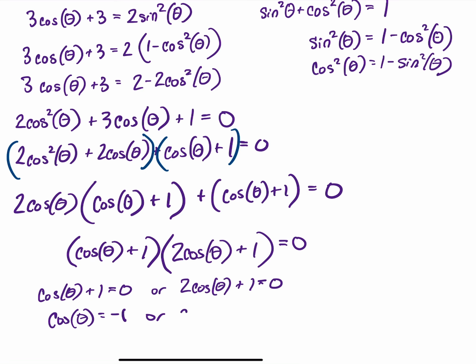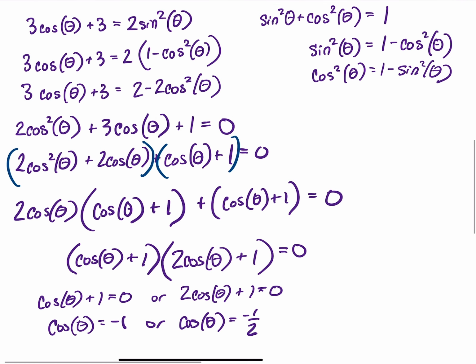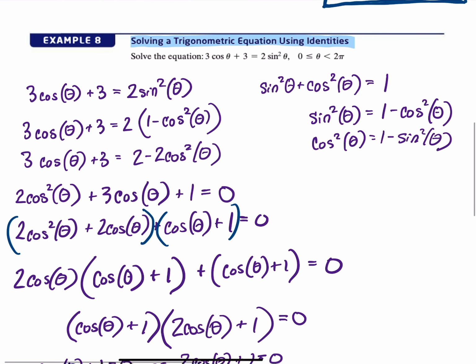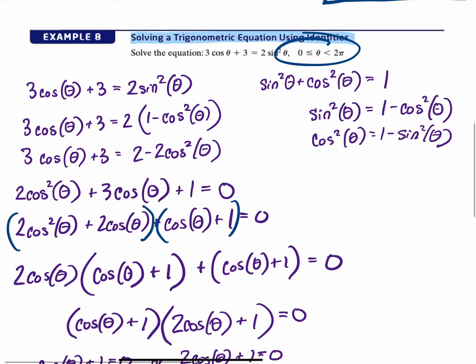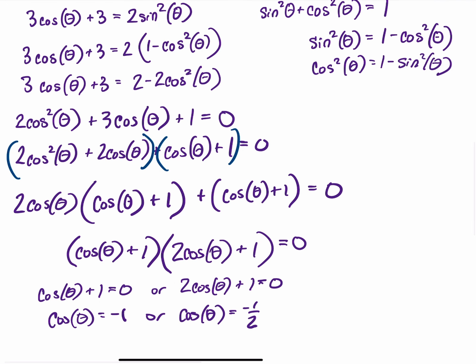So we can say cosine of theta equals negative 1/2. And our question was asking for theta values between 0 and 2 pi again. So in one trip around the unit circle, where is the cosine equal to -1 or -1/2? So let's imagine. And then that will give us all of our solutions.